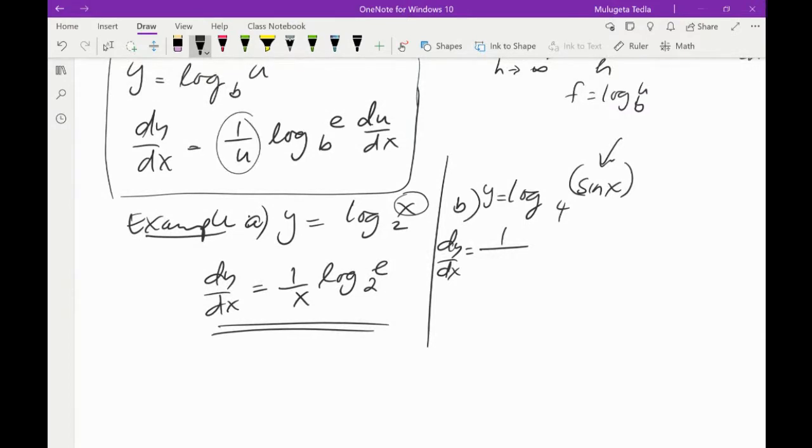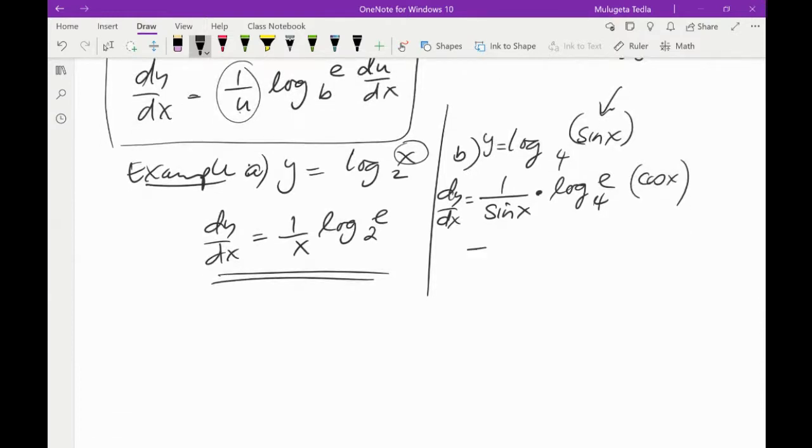It does 1 over the input, times log of e to the base, times the derivative of the input, which is cos of x. So this would be cotangent of x log of e to the base 4, because cos over sine is cotangent. Do you understand?